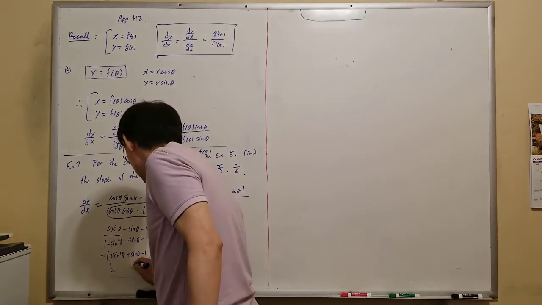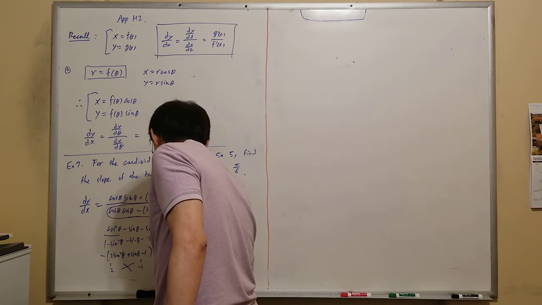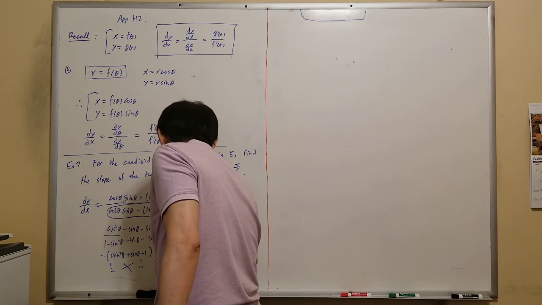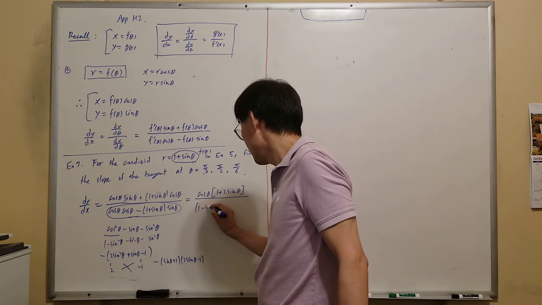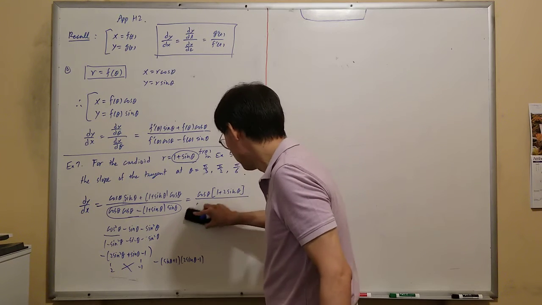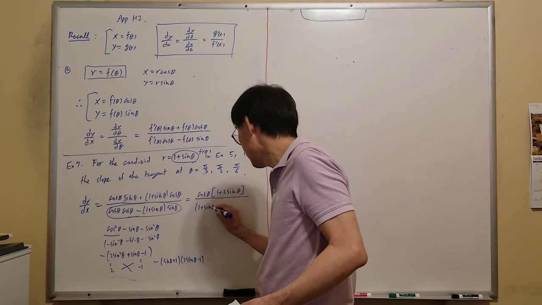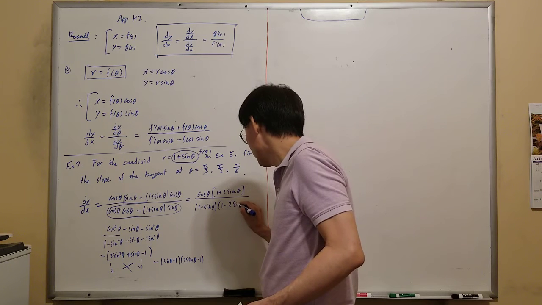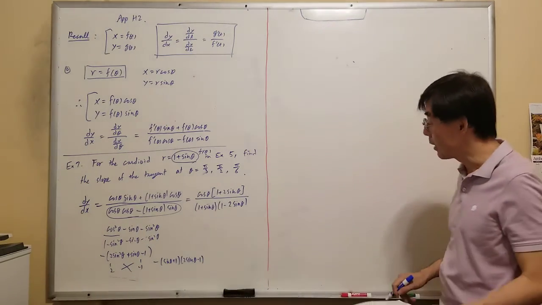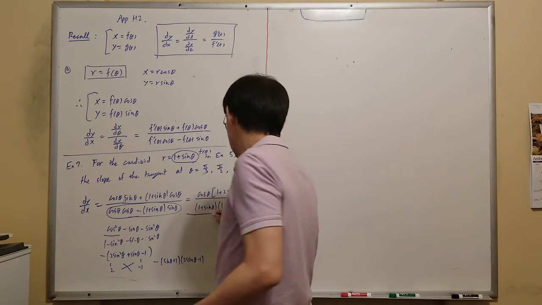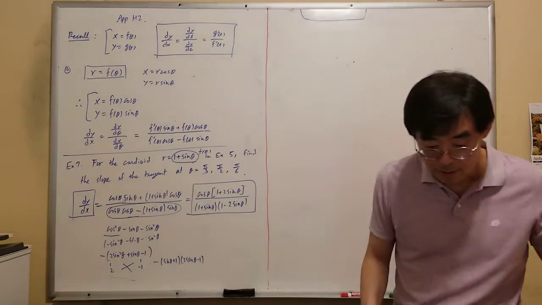That will be 2 sine squared theta plus sine theta minus 1, which factors as sine theta plus 1 times 2 sine theta minus 1. I'm going to take a minus in, and you get 1 plus sine theta, 1 minus 2 sine theta. So this is dy over dx in terms of theta.